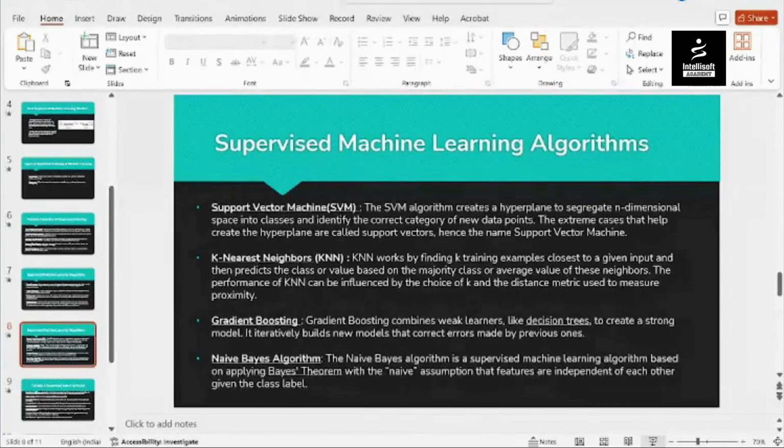Then it's k-nearest neighbor. KNN works by finding the training examples closest to a given input and then predicts the class or value based on the majority class or average value of these neighbors.